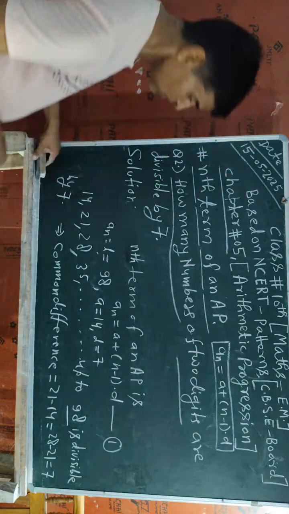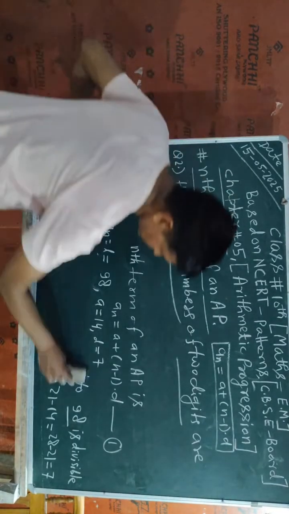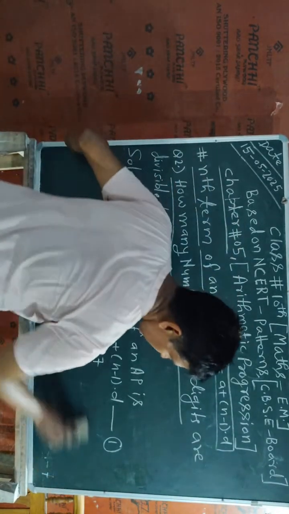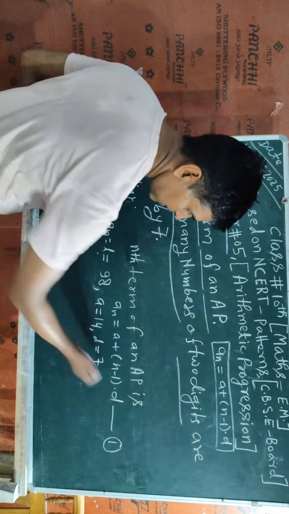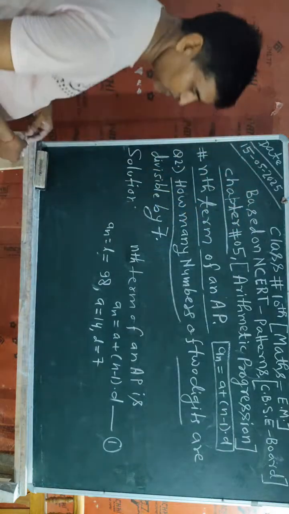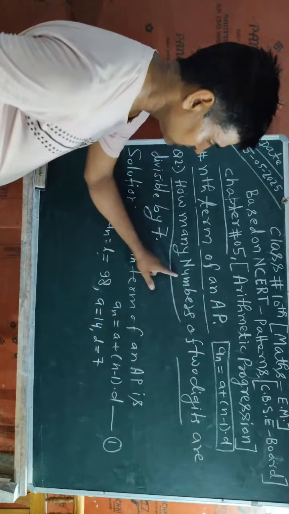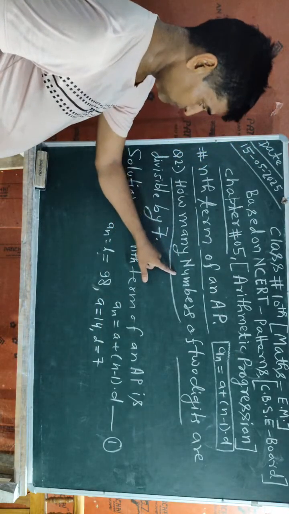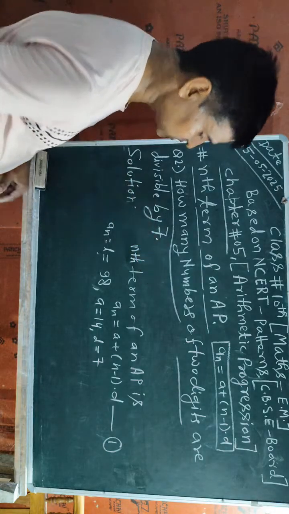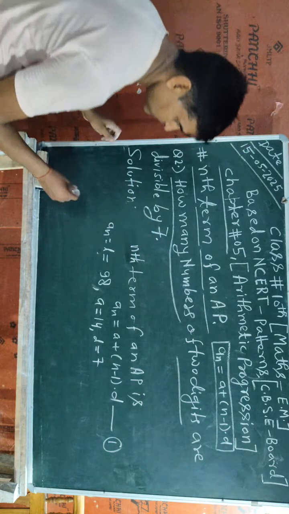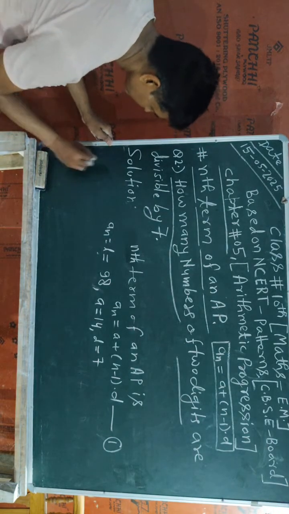Okay, student. Now the below data I am going to erase, and I will write one statement, and that statement I will follow, and after following I will evaluate equation number 1, and then I will get the value of n, and that will be the number, and that number is also asked in the question. So further I am going to write one statement here.